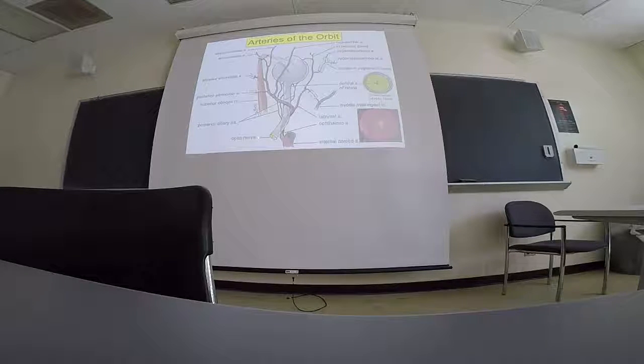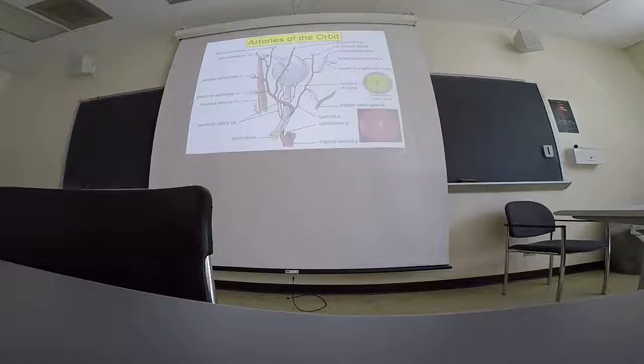So you may have to lift up the optic nerve to visualize this artery, okay? But you should see it traveling in the optic canal with the optic nerve. These are the only two things that arrive into the orbit via the optic canal. The rest travel through the superior orbital fissure.